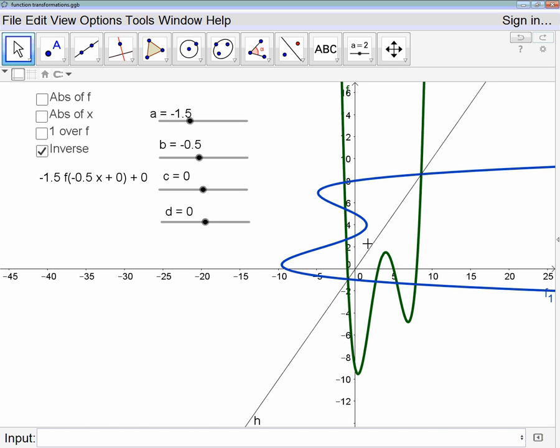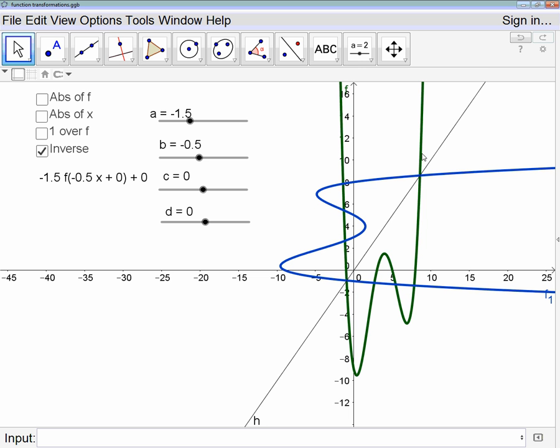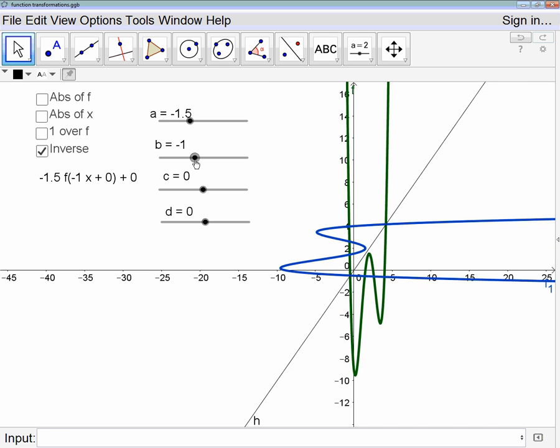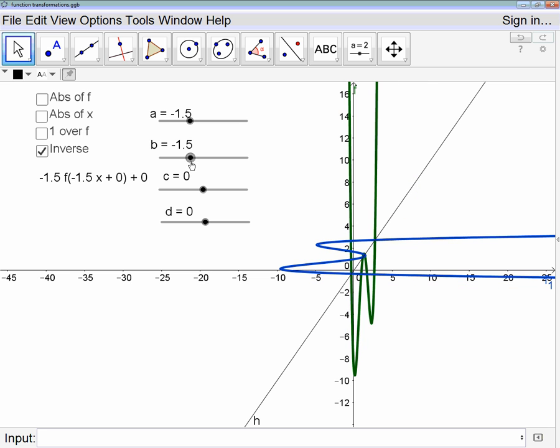So look at where the graph and its inverse meet. The graph and its inverse intersect. And you can see it even in some of these other ones.